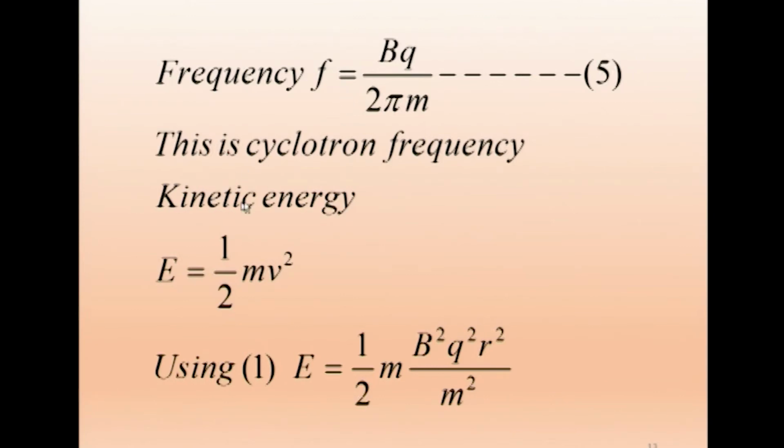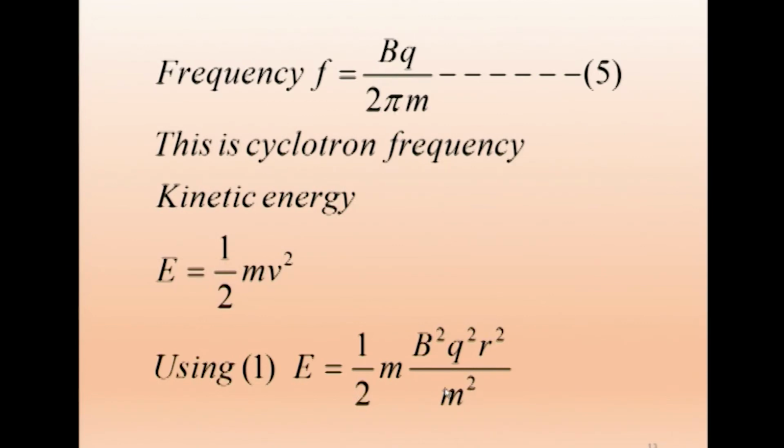And what is the kinetic energy? Kinetic energy is half mv squared. That is the general expression. Now, the velocity expression we had in equation 1, so we substitute. E equals half m, and instead of v we have bqr by m, so we get b squared q squared r squared by m squared.